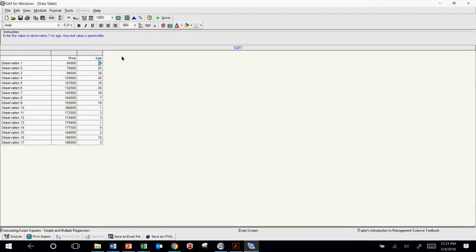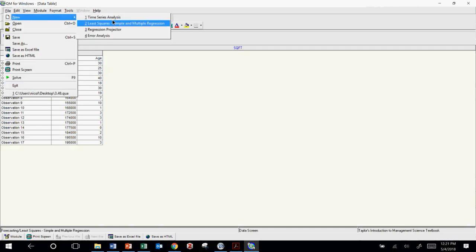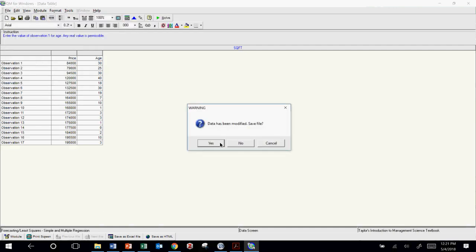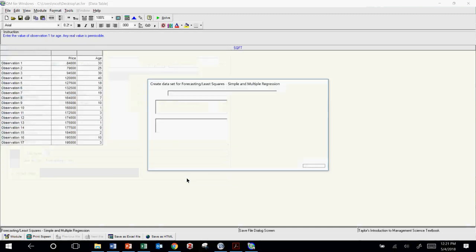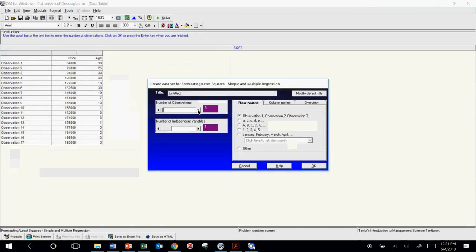All right, so then we want to start a new one, because now we need to see, we're just going to get rid of that screen. We have the same 17 observations. Now we're going to see if two items together better predict our selling price.